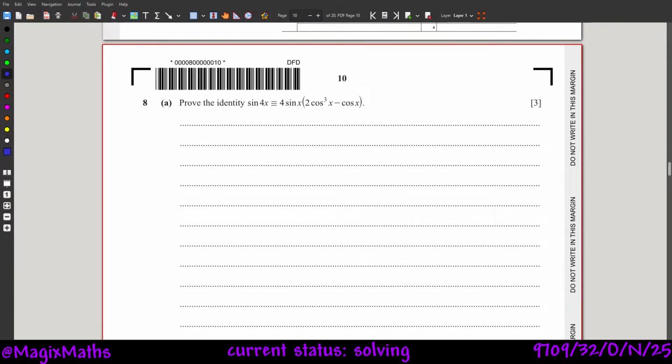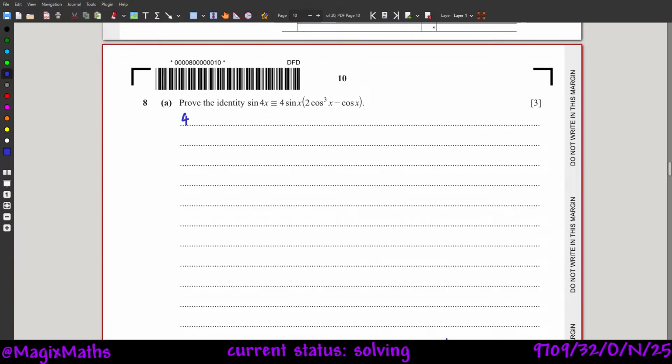Prove the identity sine of 4x is equivalent to 4 sine x of whatever this is. An easy method would be to take the more complicated looking side and then simplify it. And then we can see that it goes from this angle and then it'll double angle and it'll double again into sine 4x.